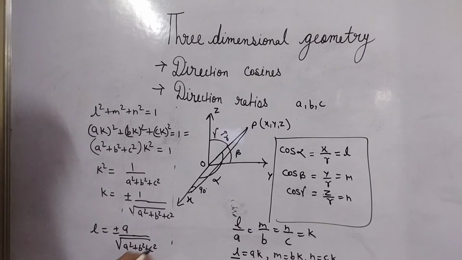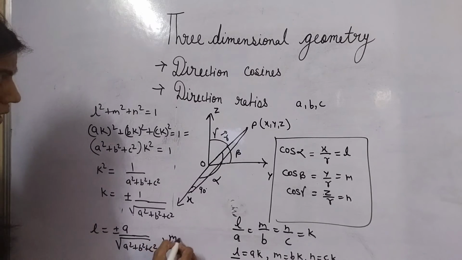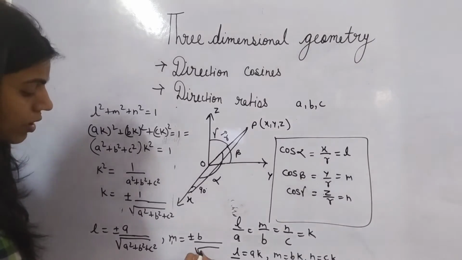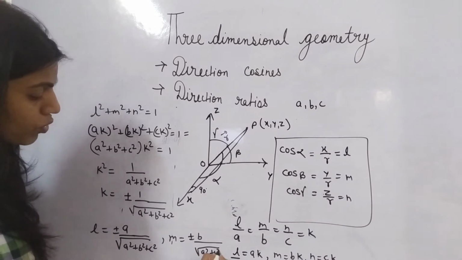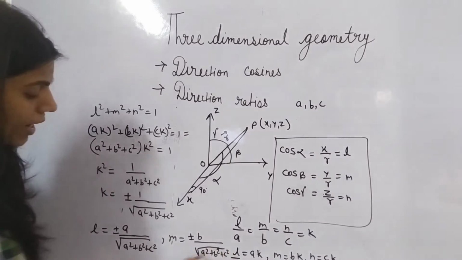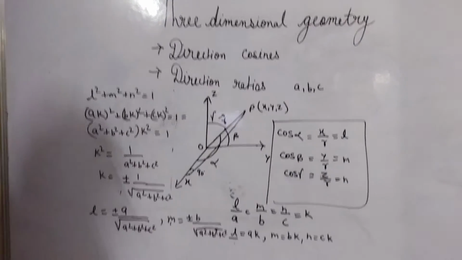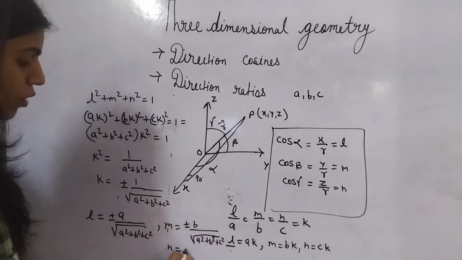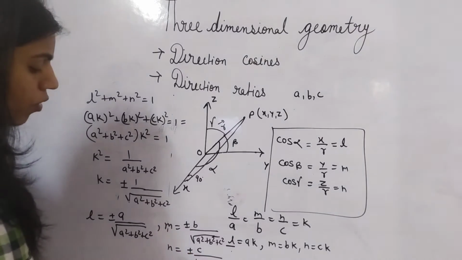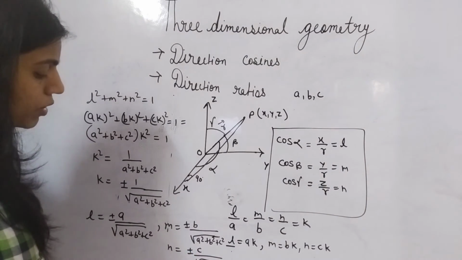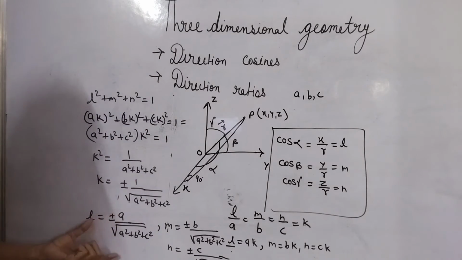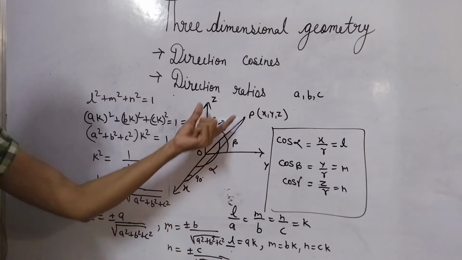Same way m is equal to plus minus b upon root of a square plus b square plus c square, and same way we can write n is equal to plus minus c upon root of a square plus b square plus c square, right? So these are the values of l, m, n in terms of direction ratios, right?